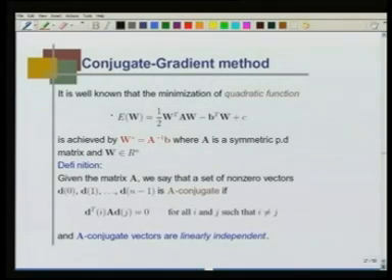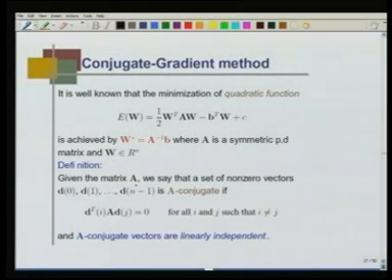It is well known that the minimization of a quadratic function of this kind is achieved by W star equal to A inverse B, where A is a symmetric positive definite matrix and W is an n by 1 dimensional vector. Now here is the definition of conjugate vectors.